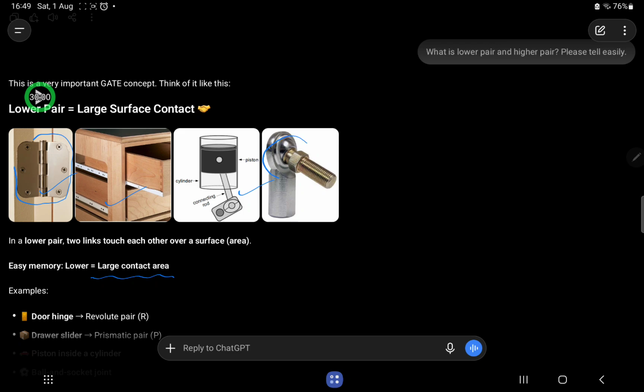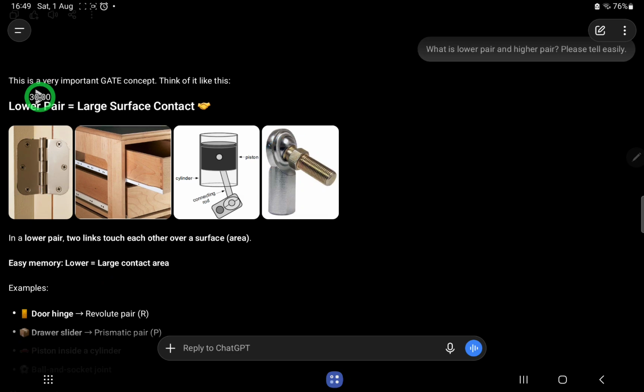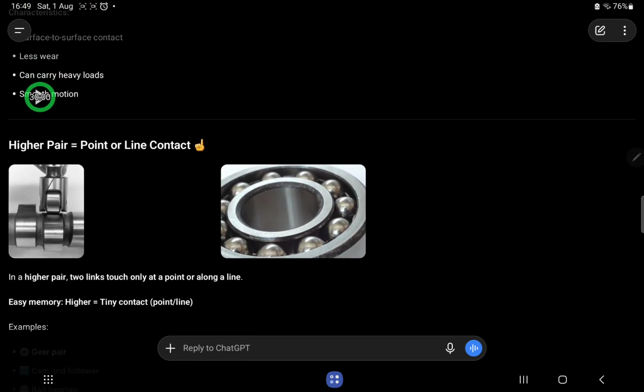Now if you see the higher pair, the contact area is very small, a tiny contact, a point or line. So the pressure will obviously be high here, because contact is in a small area only.